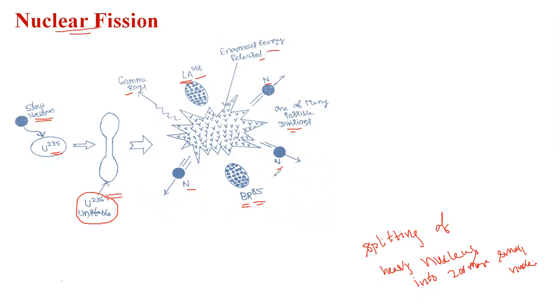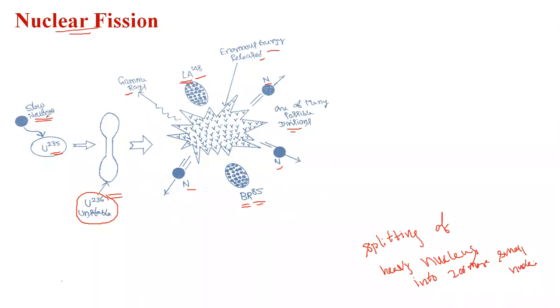Now nuclear fission means the splitting of heavy nuclei into two or more small nuclei. In this schematic diagram, the uranium-235 is there. Here we add one slow neutron to the uranium-235, so it becomes uranium-236, which is unstable.